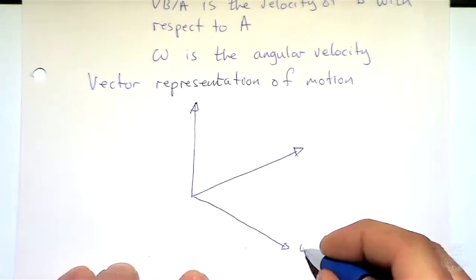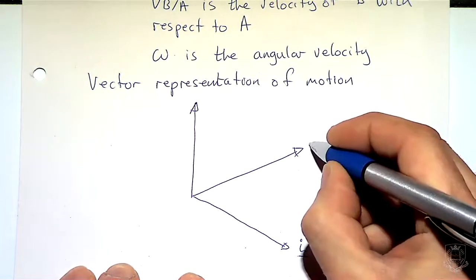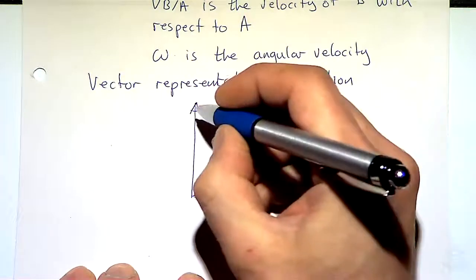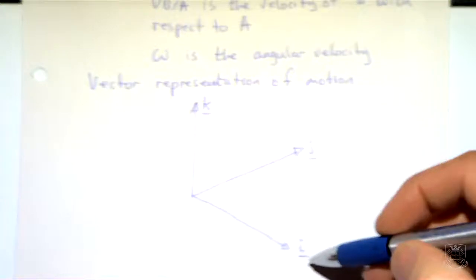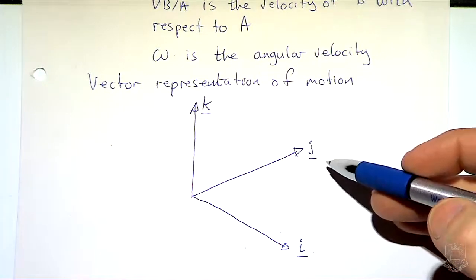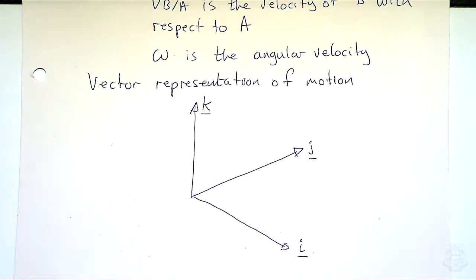We're going to have vectors I, J, and K. They've got lines underneath them, which means that this is a vector. Later on, I'll write down what the vectors are for I, J, and K explicitly. But for now, let's just take it that we have this three-dimensional space made up of these three vectors I, J, and K, and they're orthogonal to each other, at 90 degrees to each other.